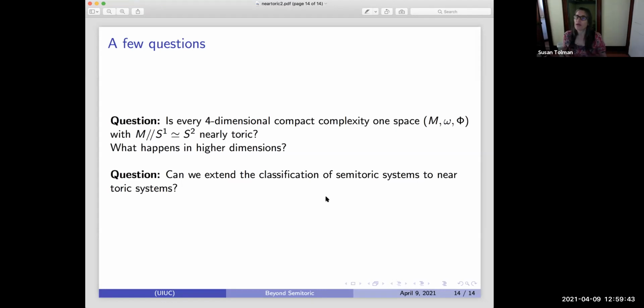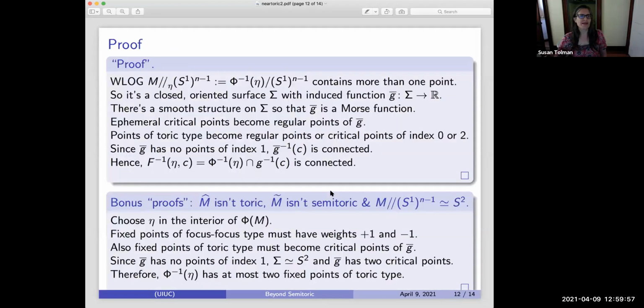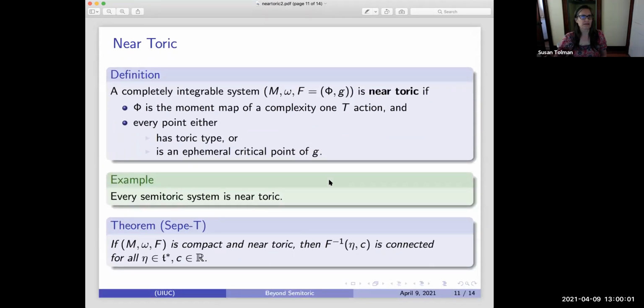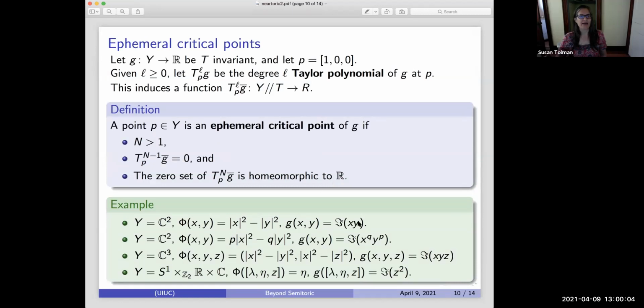So we don't quite do that, but essentially, there are other examples, but you can also do sort of stupid things, like I could take the imaginary part of xy plus norm of x squared minus norm of y squared.